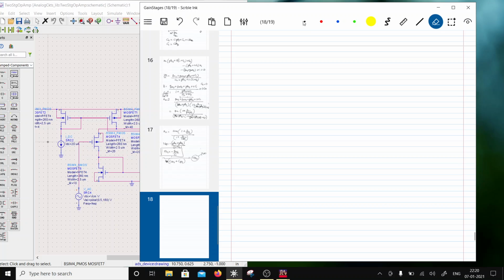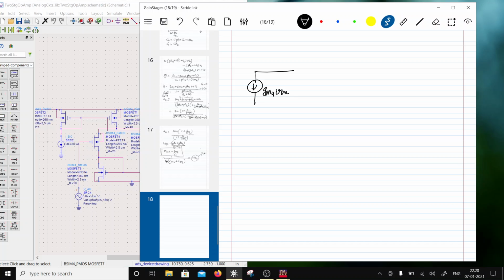So let me just put here a model. The way to do it is, I am going to take this as gm4 times Vin. And by the way, this Vin is going to be the differential input, okay?